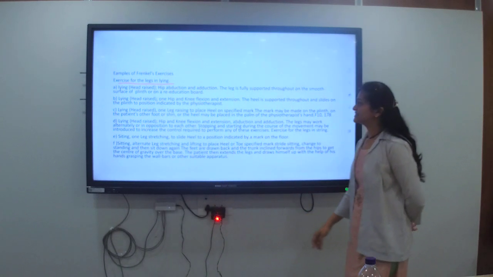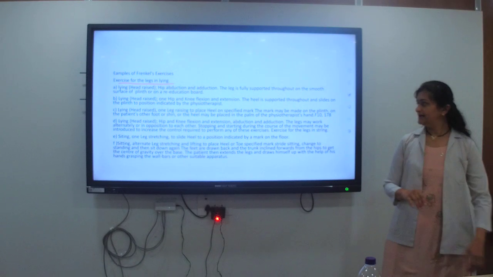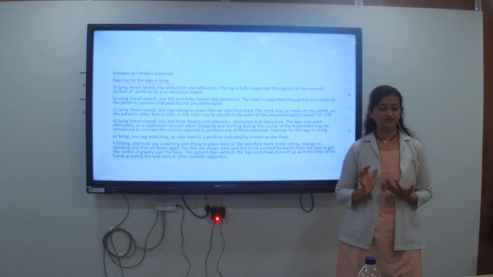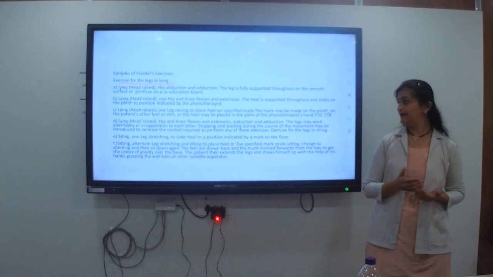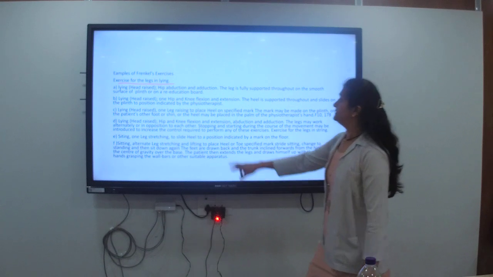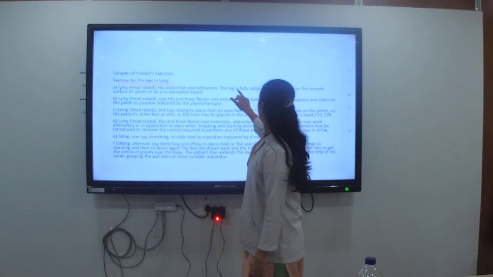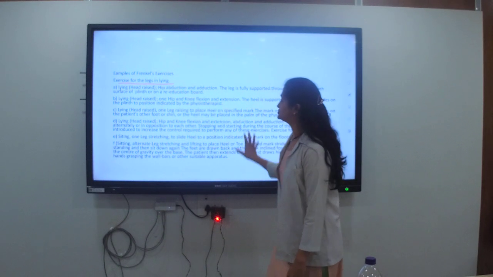So here you ask the patient to lie down, and the head should be raised. You have to give some pillow or some head raiser, and ask the patient to lie down. And then hip abduction and adduction.